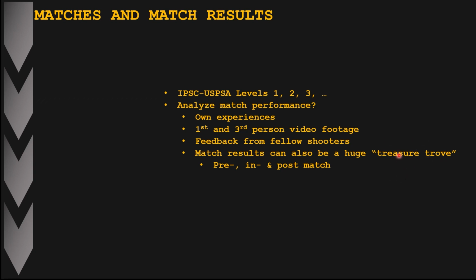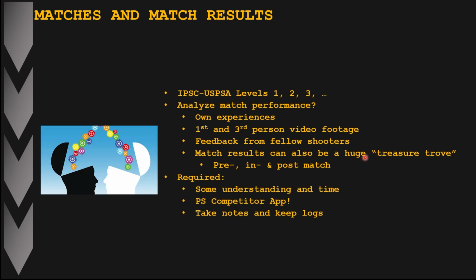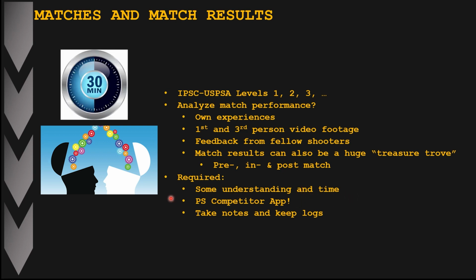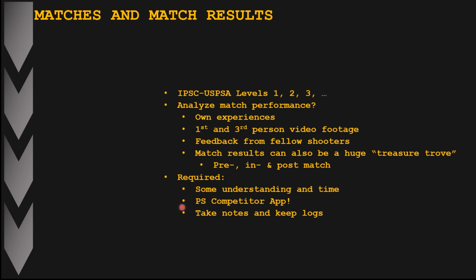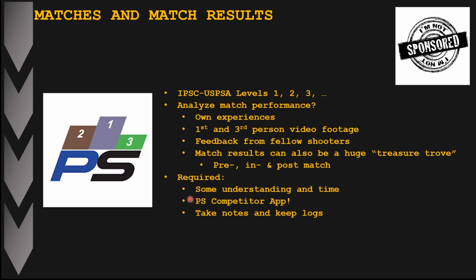What do you need to actually do the analysis? Well, some basic understanding on how the point system works in practical shooting, which might, especially for newbies, be complicated, and it requires some time that you need to invest. I strongly recommend to download from the Apple Store or Google Play Store the Practice Score competitor app.